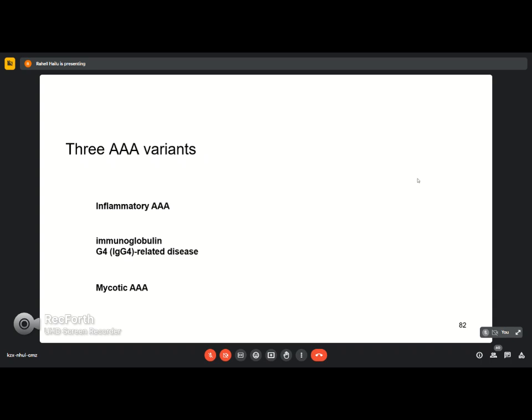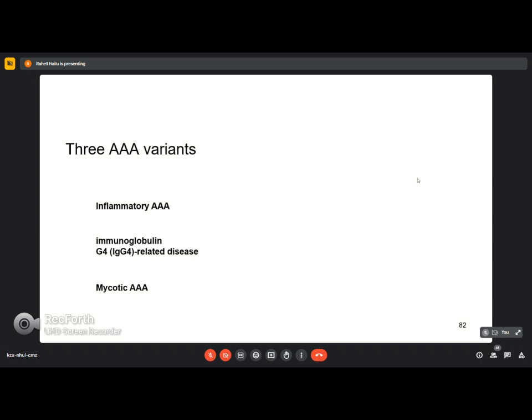So we have three different variants, depending basically on the morphologic appearance of the abdominal aorta. Inflammatory, where on morphology you would see lymphoplasmacytic infiltrates, and it can follow different stimuli.